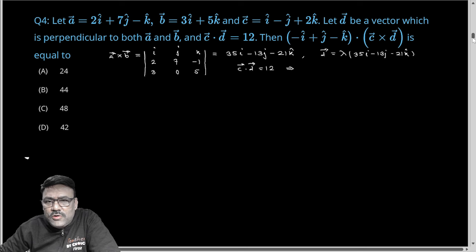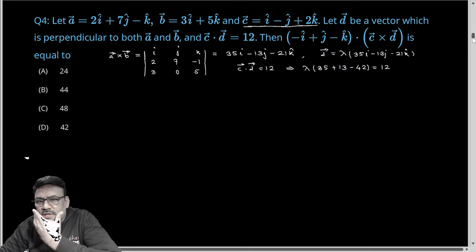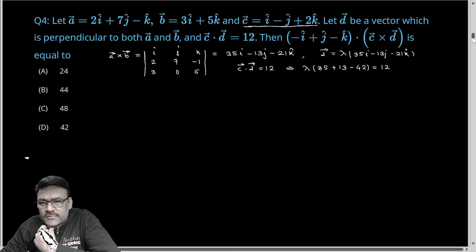So I'm taking the dot product of this vector C with D. So I will get lambda times 35 plus 13 minus 42, and this must be 12. Take the dot product with C: lambda times 35, minus 1 into minus 13 is plus 13, 2 into minus 21 is minus 42.